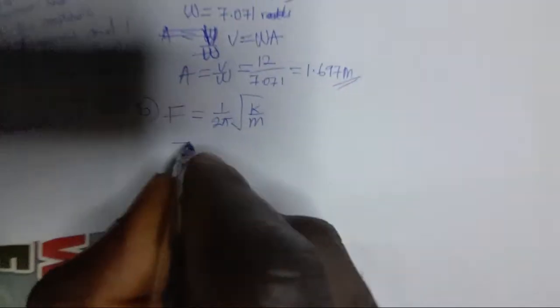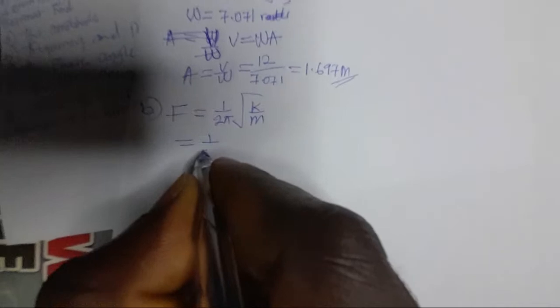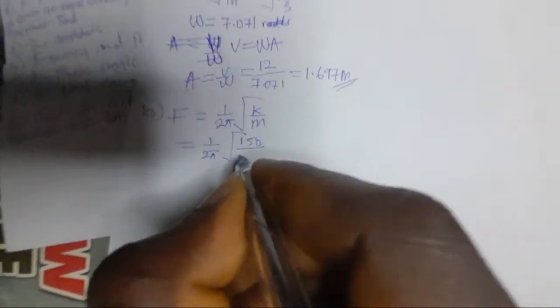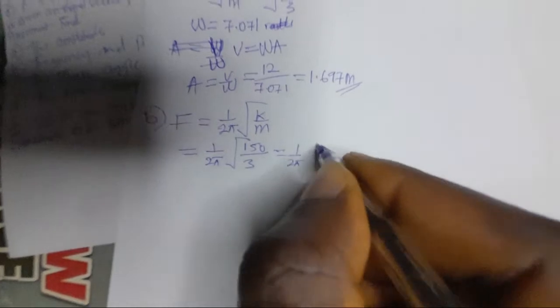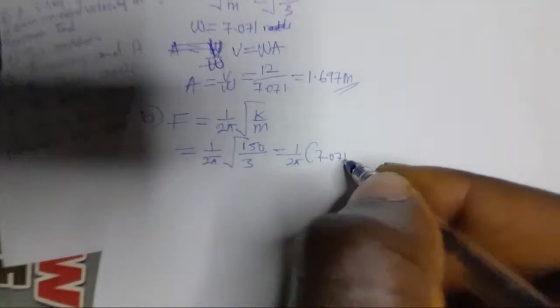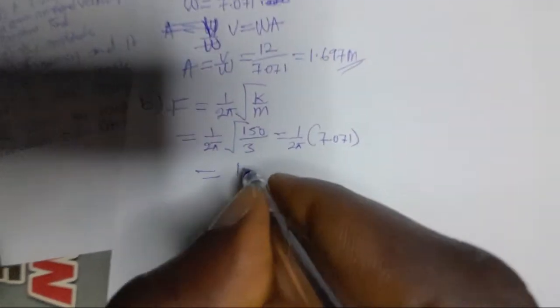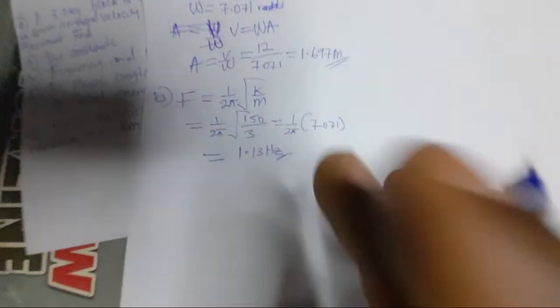Putting the parameters inside, we have 1 all over 2 pi bracket 150 all over 3, which is 1 all over 2 pi times 7.071. At the end of the day, our answer is going to be 1.13 hertz. As I said earlier, always check them again.